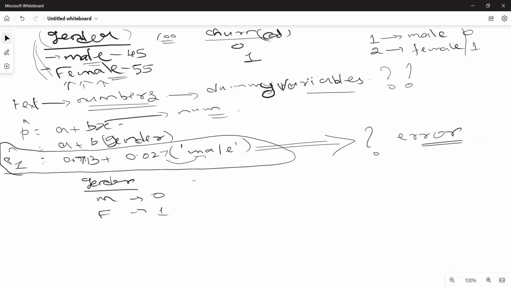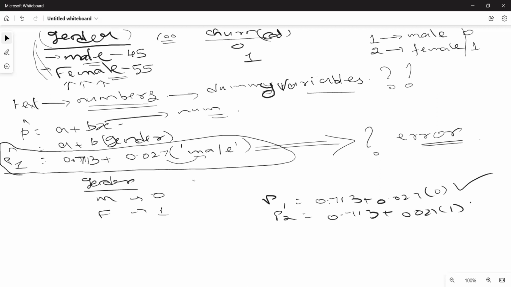Now see what happens to the equation. The probability of 1 now becomes 0.713 plus 0.027 multiplied by 0, which is fine. And P2 equals 0.713 plus 0.027 multiplied by 1, which is also fine.